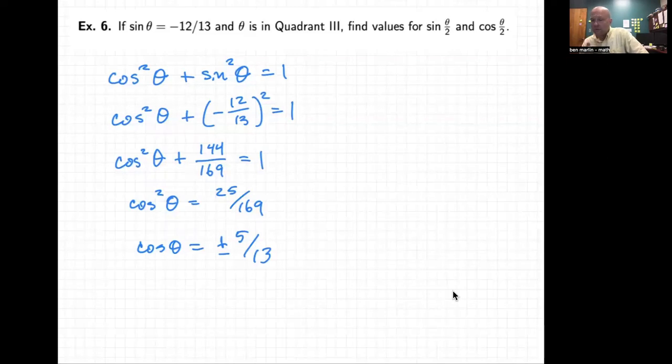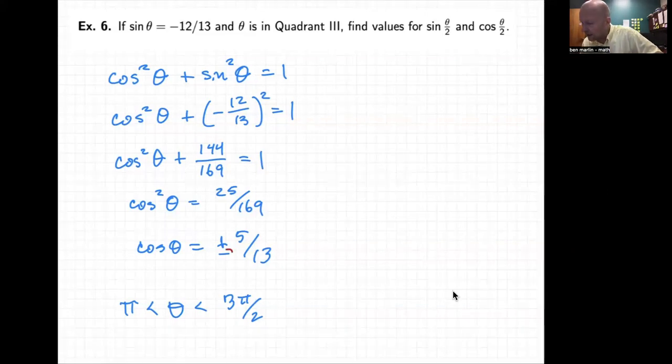Theta is in quadrant 3, which, by the way, means that pi is less than theta is less than 3 pi over 2. We'll need that later. Since it's in the third quadrant, both sine and cosine are negative. So we're going to have a negative for this cosine. Okay.